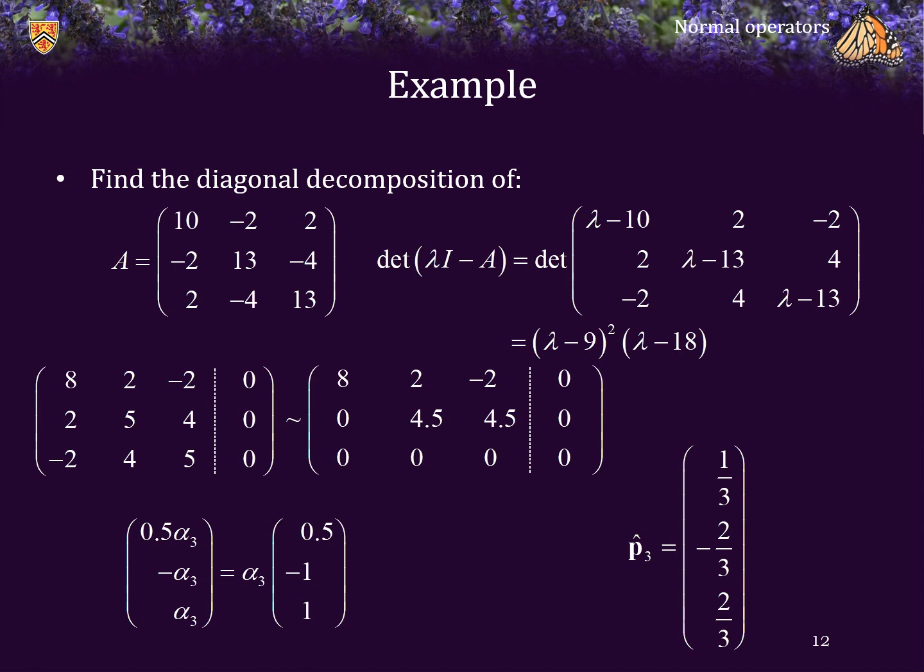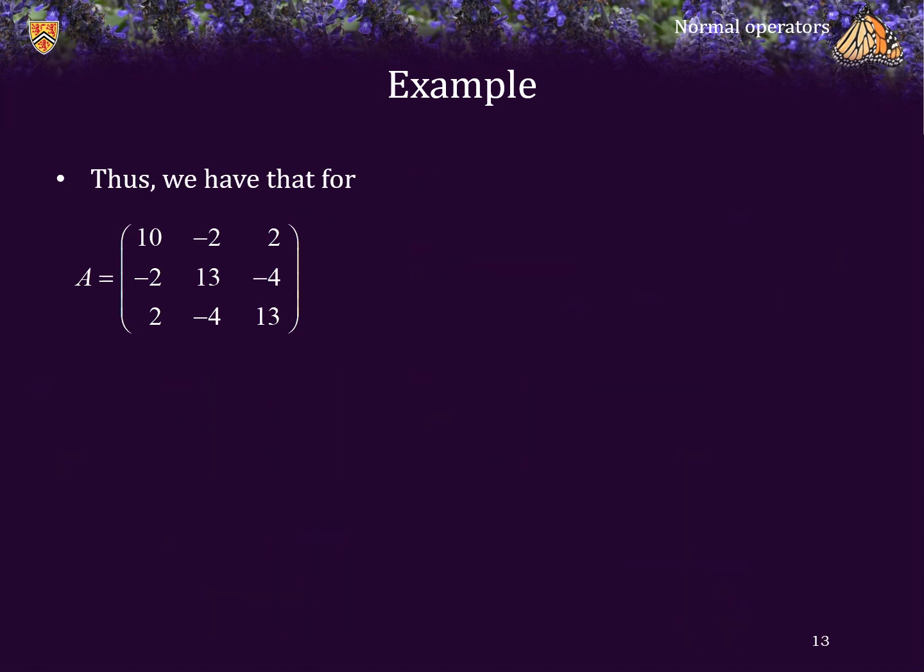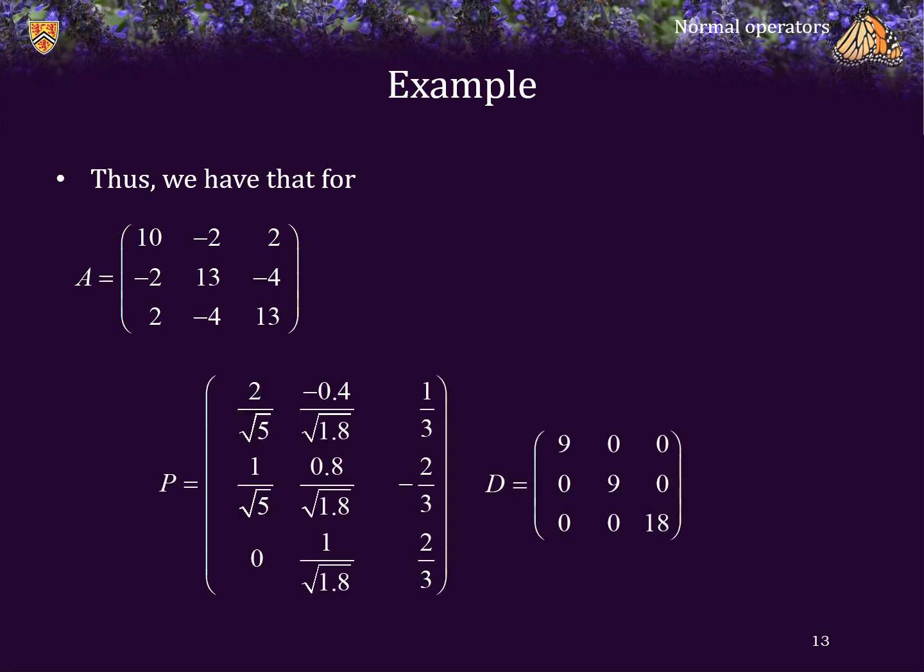Okay, so thus for this matrix here, we have the diagonalization with the P matrix shown on the left. As you can see, the three columns are normalized and they are orthogonal to each other. And D is the diagonal matrix with the eigenvalues on the diagonal.